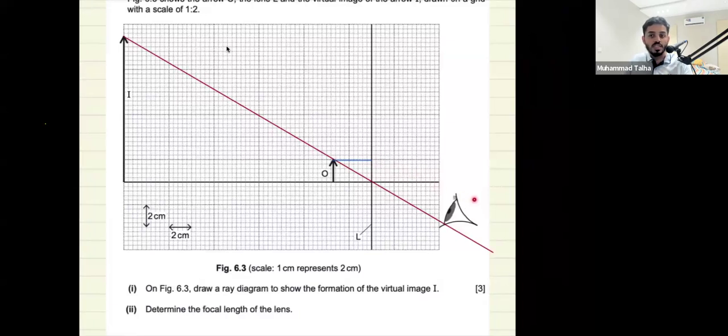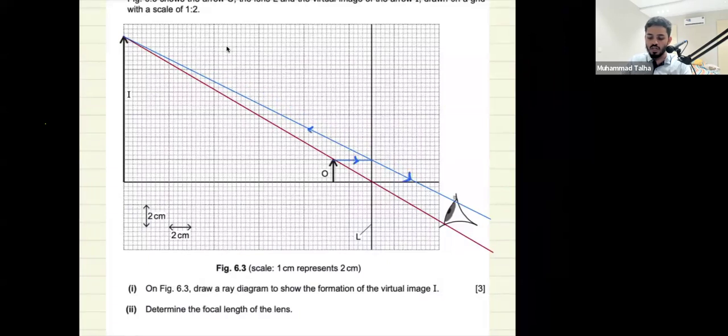But I do know this, that if I take this ray back as dotted lines, back to meet this tip, it would meet here. So I can use this sort of reverse engineering to see that this is how my ray should be, right? This was the idea that was at play in this question.